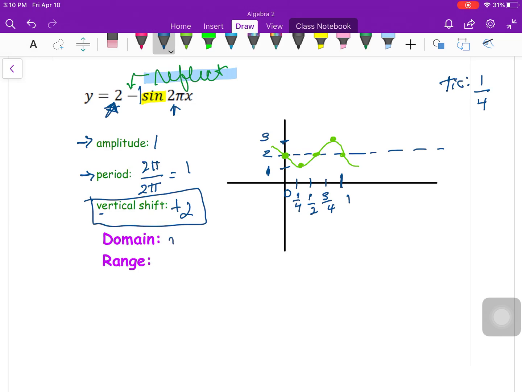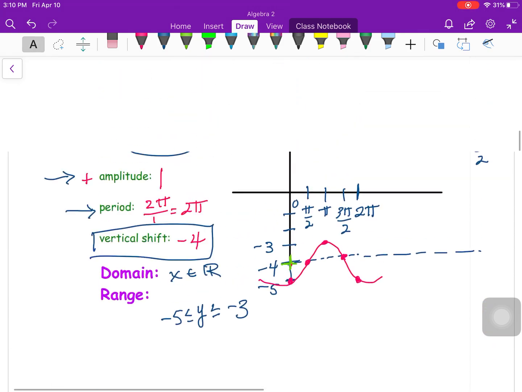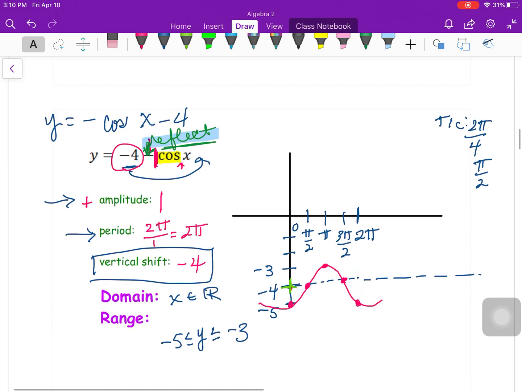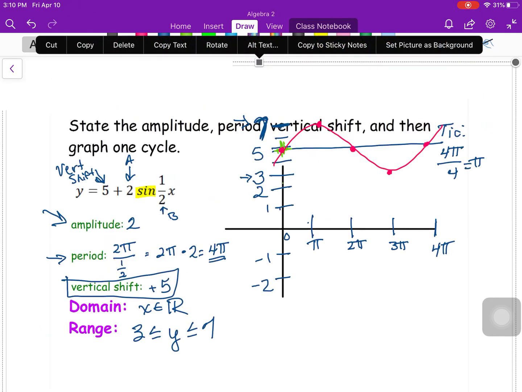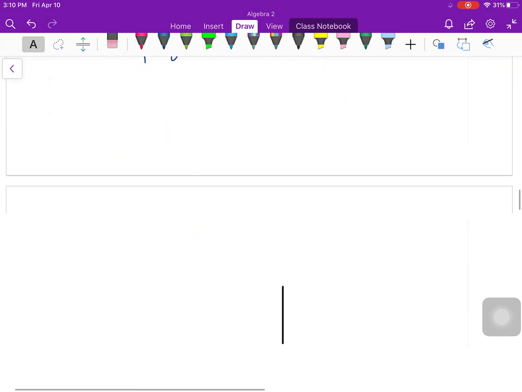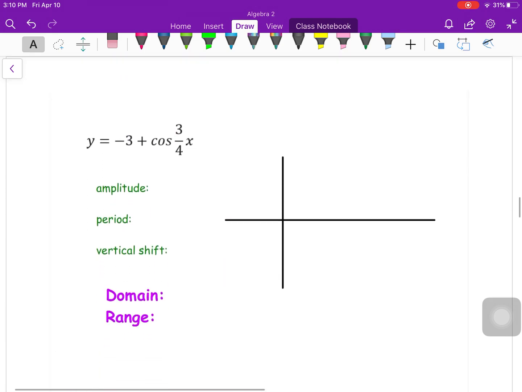And there is my sine function. The domain, x is all reals. The range, let's see, y went from 1 to 3. Did I reflect this one? I did not reflect it. Oh, I did.